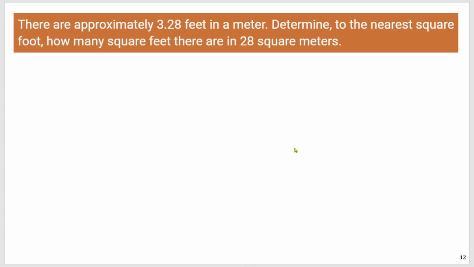There are approximately 3.28 feet in a meter. Determine to the nearest square feet: how many square feet are there in 28 square meters?